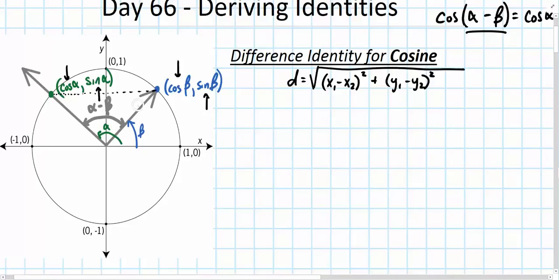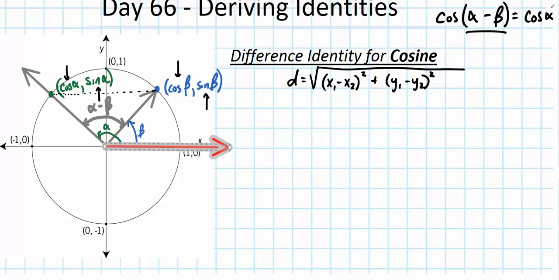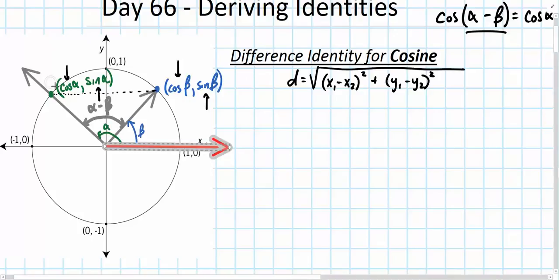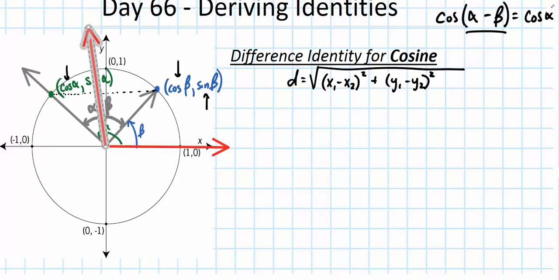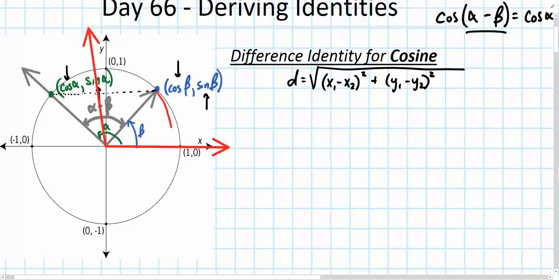I would like you to imagine that this angle has been rotated so that this right-hand leg, where beta is, is anchored on the x-axis. When I swing that leg down to the x-axis, the left-hand leg also comes with it, and if I rotate it around, it might end up here. So this leg has been rotated down to this position, and this leg has been rotated up to this position.